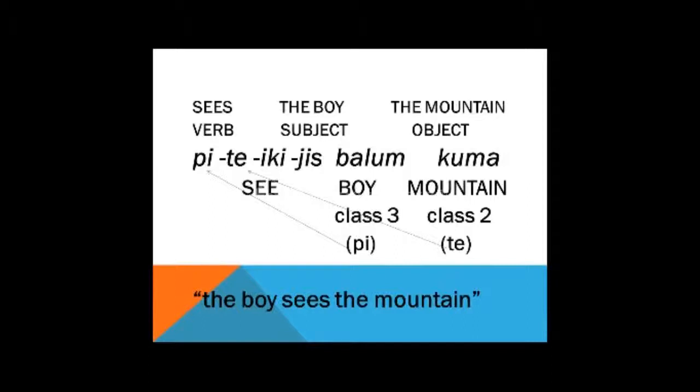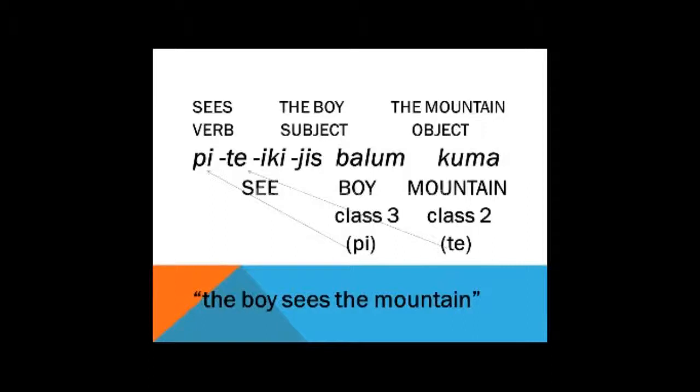Again, go to the beginning of the sentence and look at the verb. Pi, che. So the two prefixes on the verb are respectively noun class 3 prefix, because the subject belongs to noun class 3 in the sentence, followed by noun class 2 prefix, because the object in the sentence belongs to noun class 2.